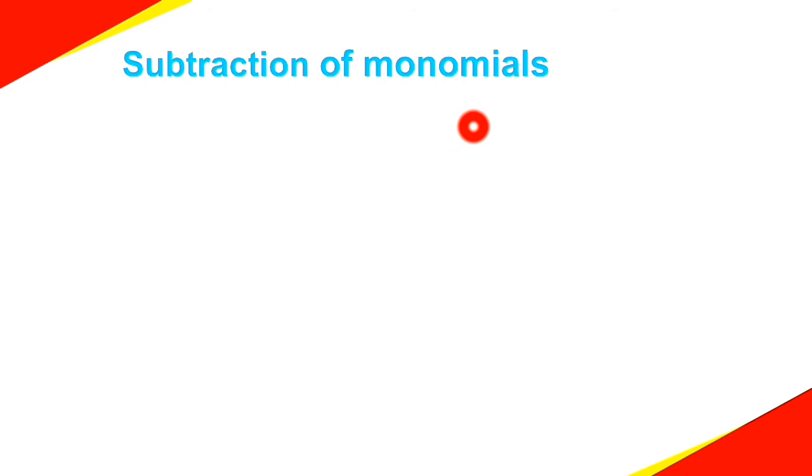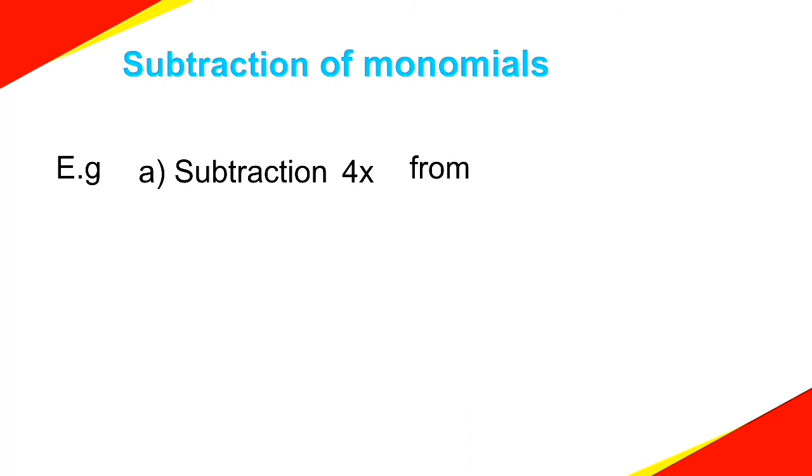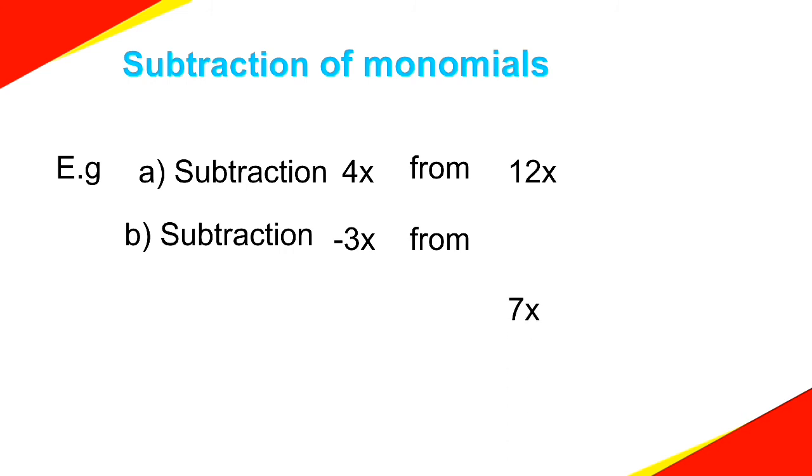Subtraction of monomials. Now we are going to solve that example. Option A: subtract 4x from 12x. Option B: subtract minus 3x from 7x. Now we are going to solve option A. Subtract 4x from 12x.